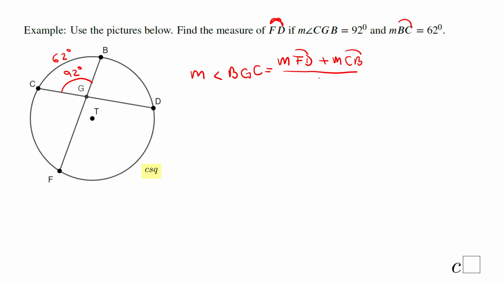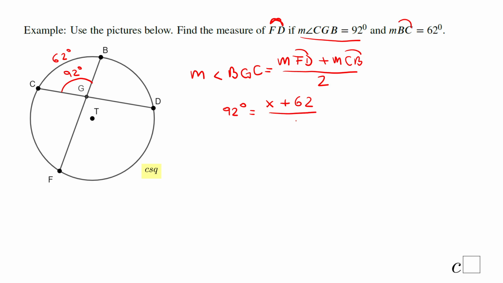And here we're going to replace what we know. We know angle BGC or CGB is the same thing, 92 degrees. We know the measure of arc FD? No, that's what we need to find out. So I can call it simply X plus the measure of arc CB, that's 62, over 2.